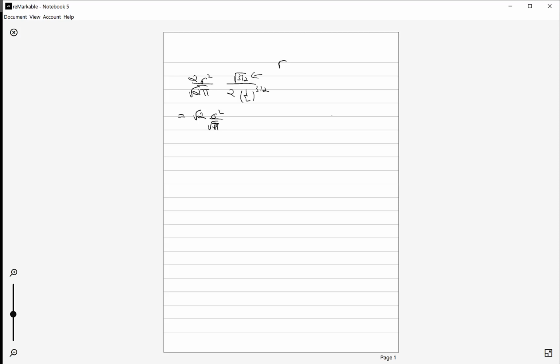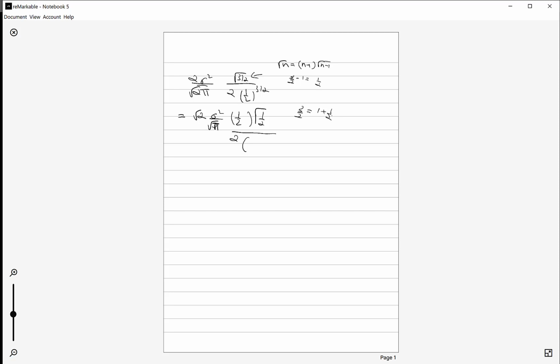Remember, gamma n can be written as (n minus 1) times gamma (n minus 1). So 3 by 2 minus 1 is just half. So the numerator can be written as half times gamma half, divided by 2 times half raised to 3 by 2. 3 by 2 can be written as 1 plus half.